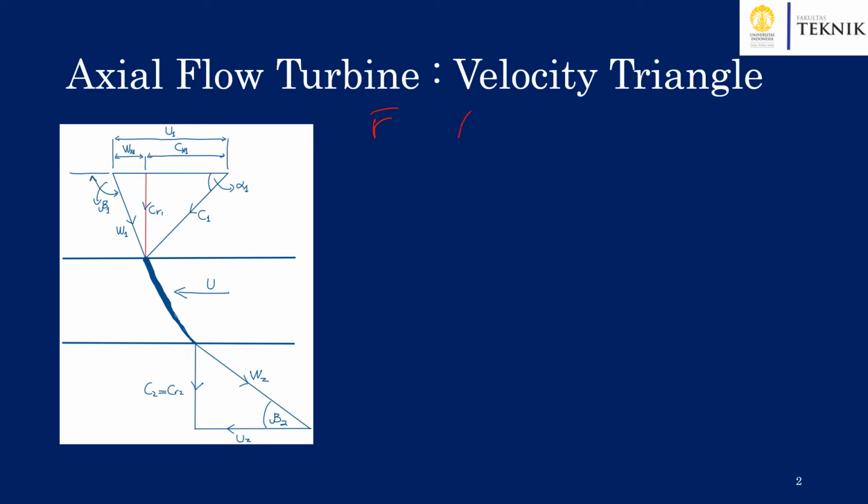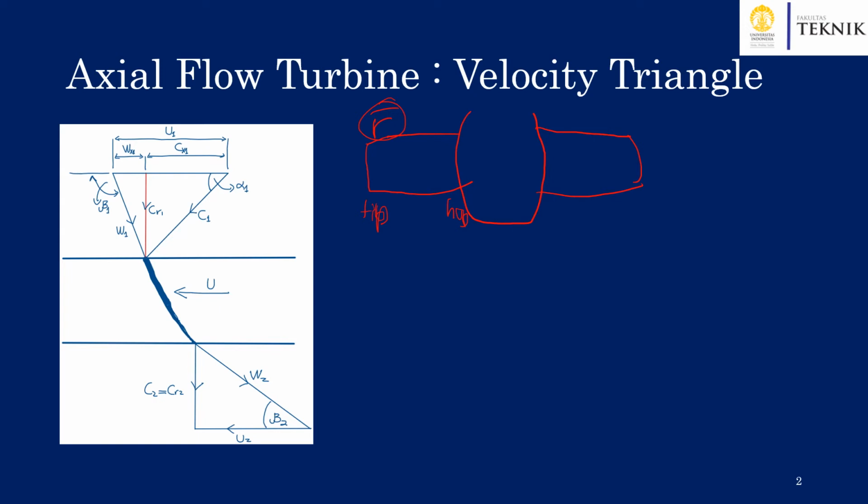So let's say that we have the blade of the runner that looks like this from the side view. So the mean radius is the average between the tip and the hub of the runner's blade.